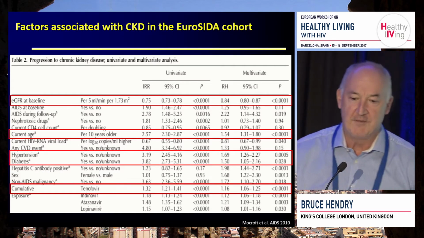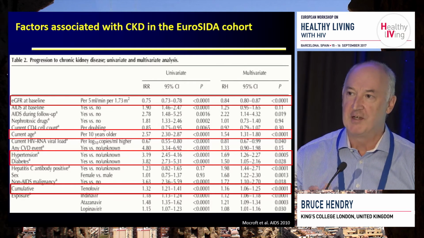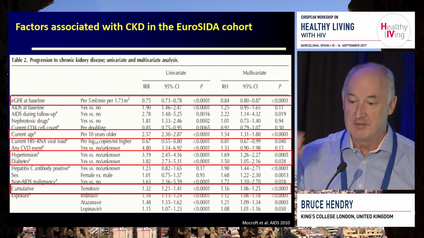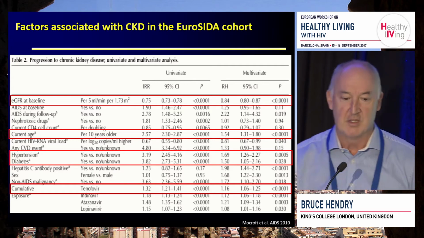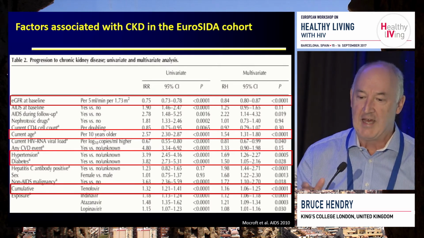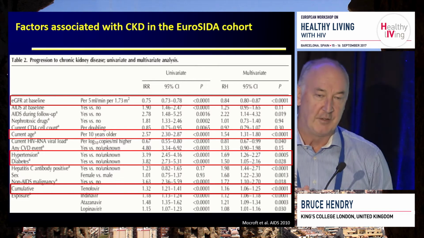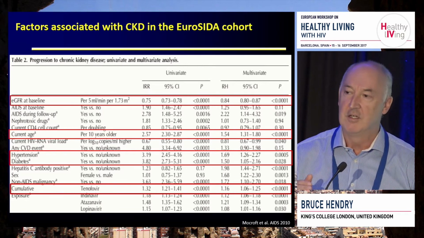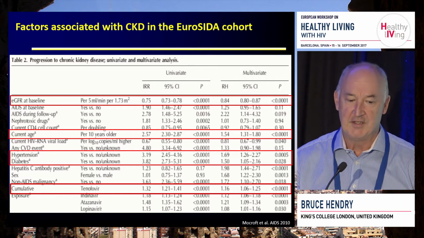What about the key factors, and how much role does ART play in the development of kidney disease and its progression in patients living with HIV? These are the EuroSIDA cohort analysed statistically, and you can see the factors underlying the risk of developing CKD.